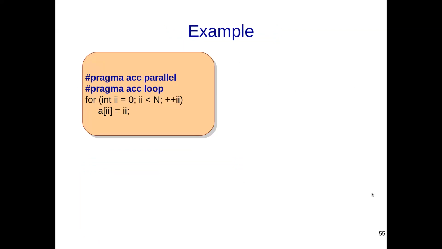As an example, this is just an initialization of a vector with a[i] equal to i, and I can apply acc parallel and acc loop, and that takes care of parallelizing this particular loop. So can somebody tell me what happens if I do not have #pragma acc loop? What happens in this example if I do not have #pragma acc loop?